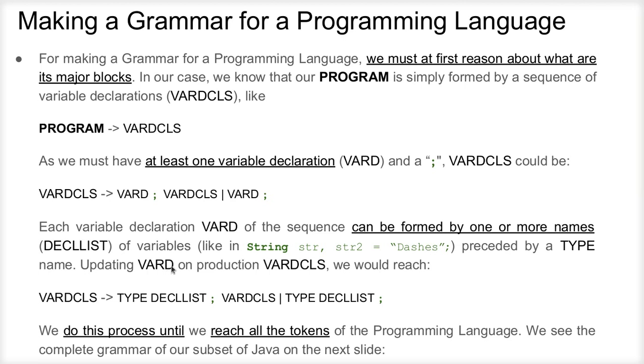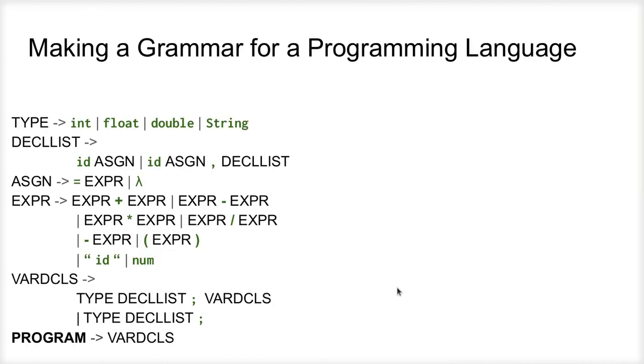So updating the production vard cls, we would reach vard cls going to either type declist semicolon vard cls or to only type declist semicolon. So we do this process until we reach all the tokens of the programming language. We see the complete grammar of our subset of Java on the next slide.